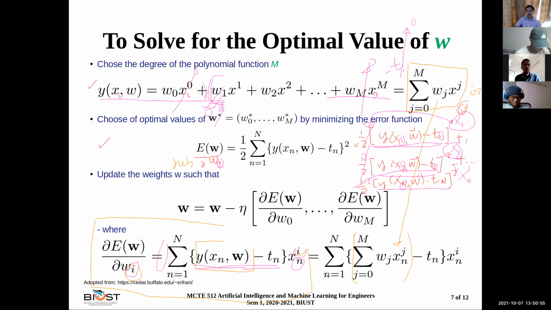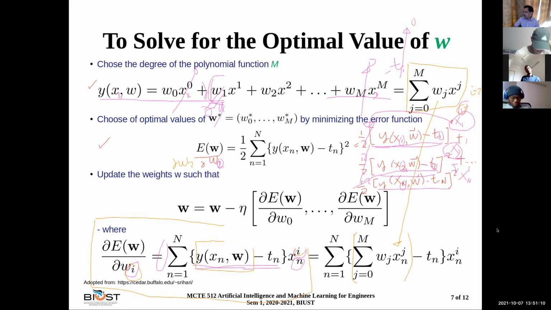You have the summation of n equal to 1 to big N multiplied by this one. It's exactly the same term. The only difference is that in terms of y, x and w, you have the summation. There's a reason for that so that we can spell out everything.